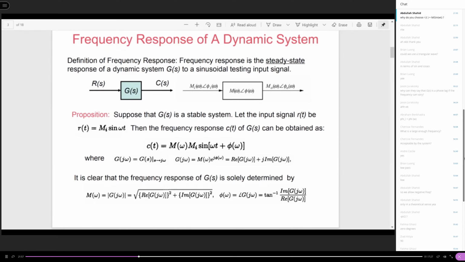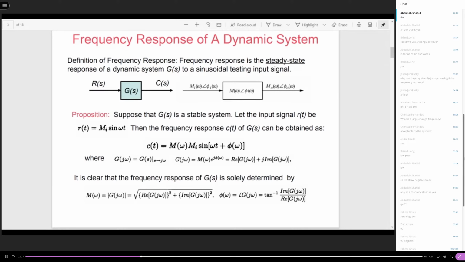Why do you choose r of t equal to M sine? That's a sinusoidal signal, right? Because we try to see the frequency response, that's exactly what I've just explained.